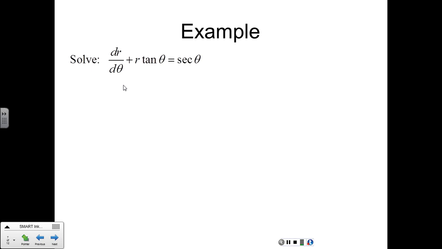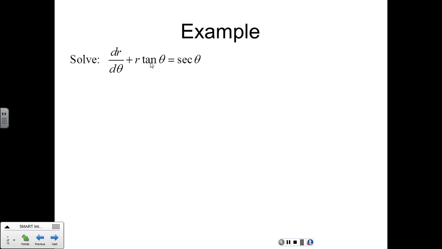Your second term should have a y, or at least your dependent variable in there. In this case, it's r. Theta is your independent variable here. R is your dependent variable. R depends on whatever theta is. So in this case, the r represents your y that you normally see.